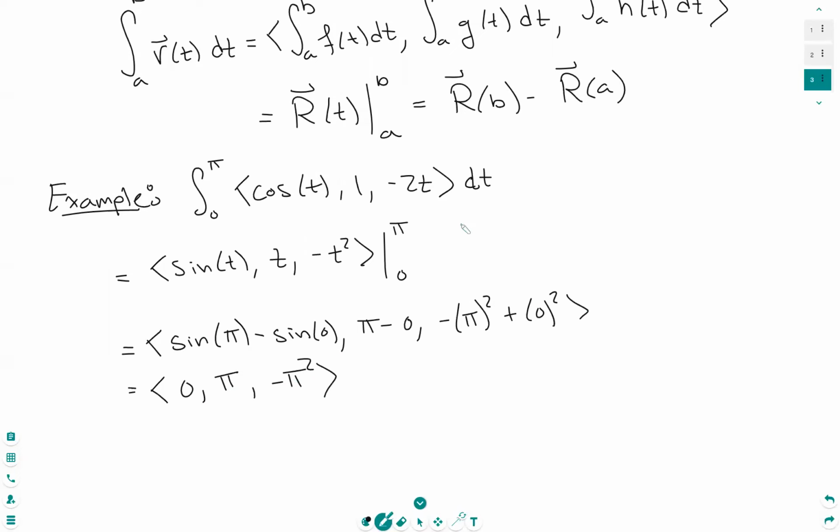Okay, and that's it for section 10.7. So we have about 20 minutes left, so we'll actually get started with section 10.8. Let's jump to a new page.